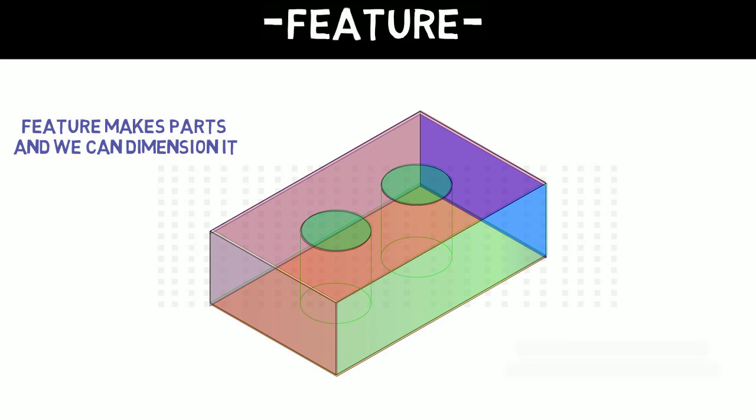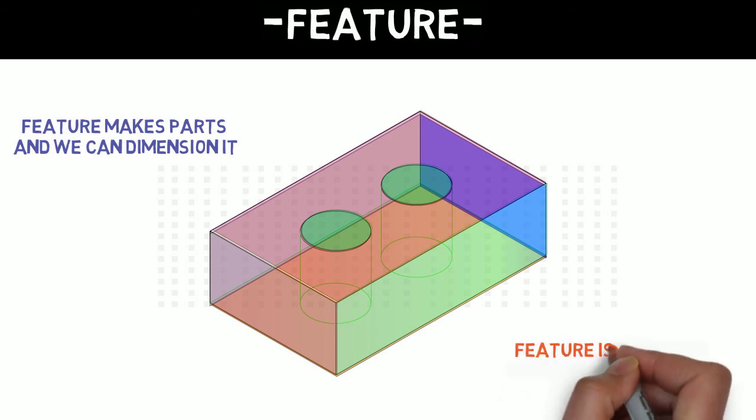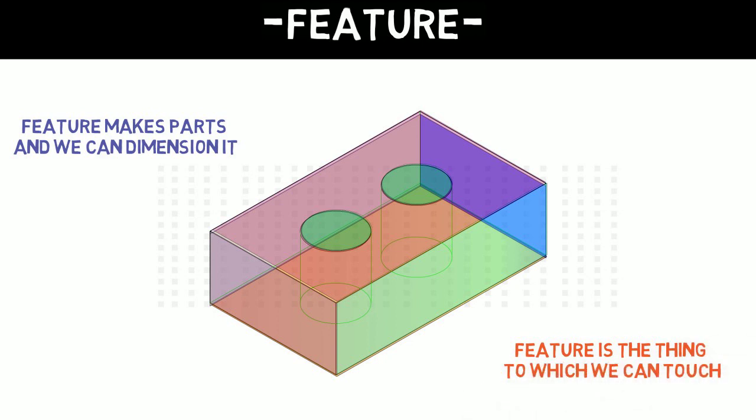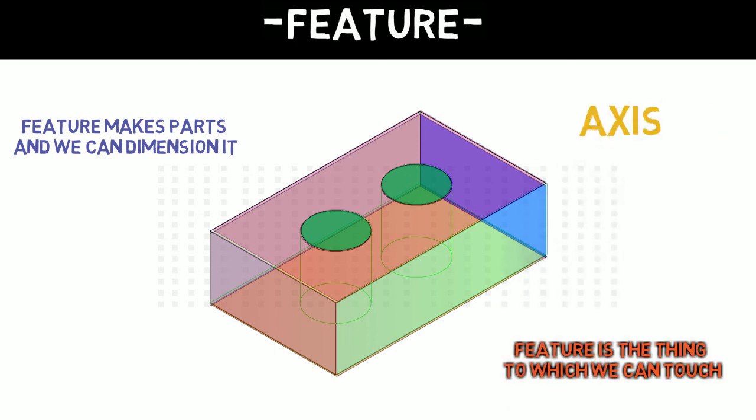But always remember, feature is the only thing which we can touch. We will repeat again. Feature is the only thing which we can touch. It's not imaginary. Here the hole we can see in actual and we can touch. All other features also we can touch. But the axis of this hole can't be a feature because it's imaginary and we can't touch it.